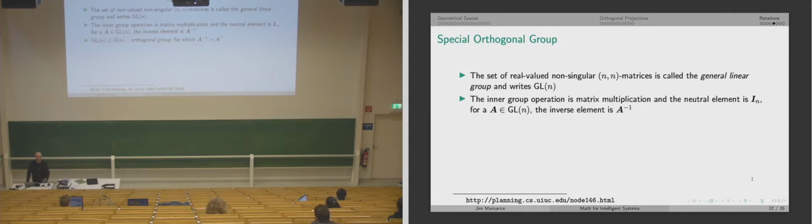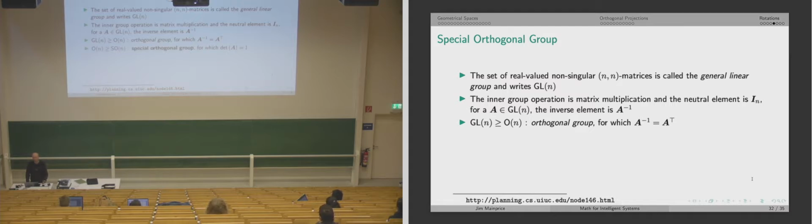The interesting part is that there's a subgroup of the general linear group called the orthogonal group, where the inverse of the square matrix is the transpose of the matrix itself. That is because the columns are orthogonal, each column is orthogonal to each of the other columns, in the sense of the dot product.